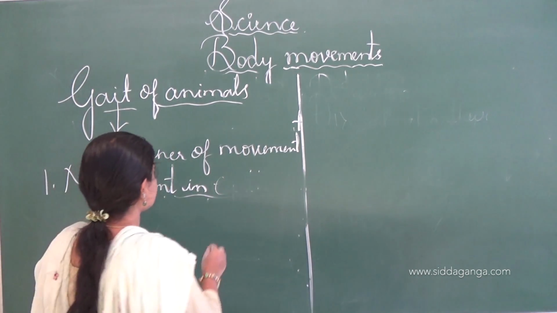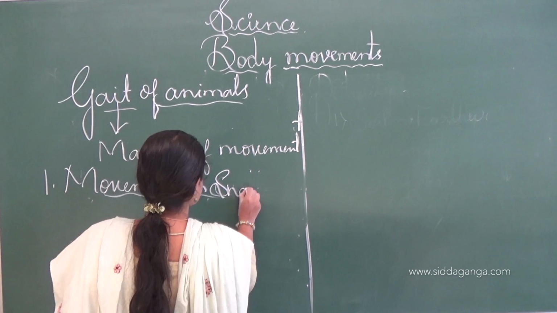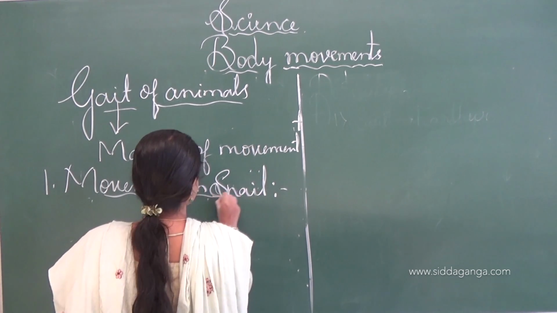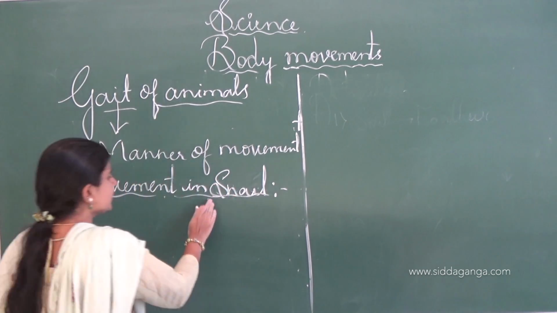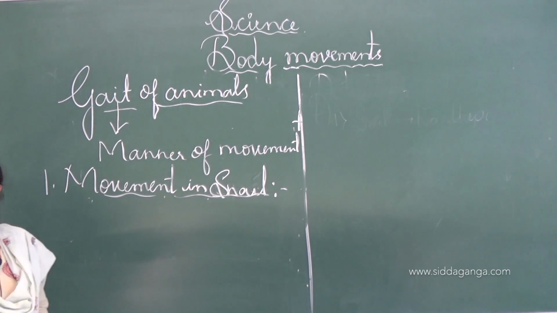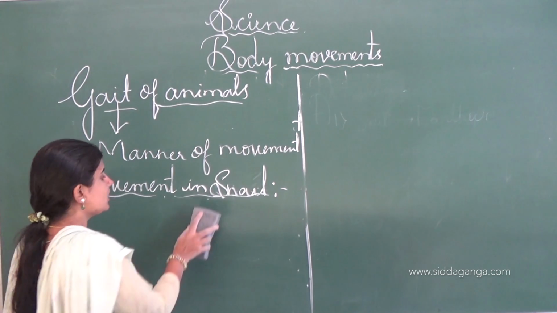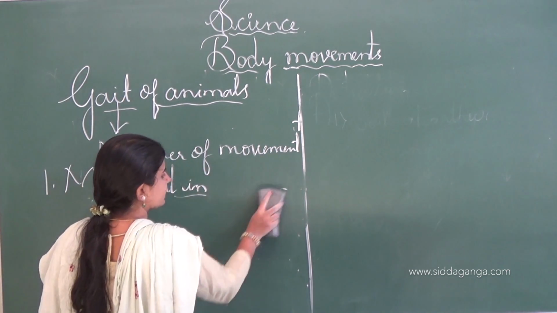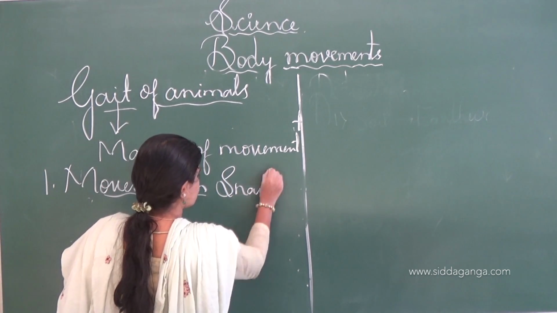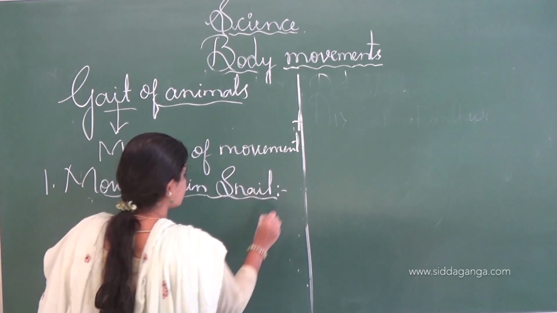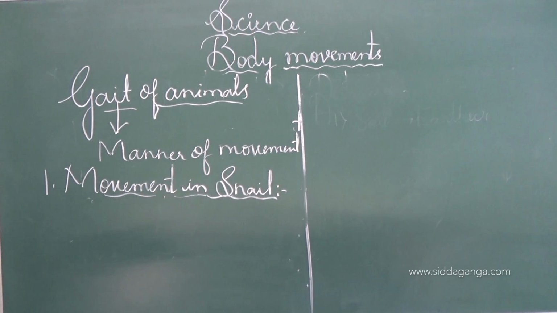See, movement in the snail. As we all know, the snail is the slowest animal compared to other organisms.